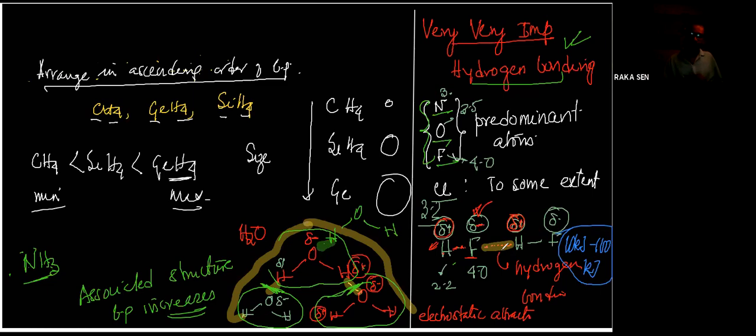So hydrogen bonds explain many phenomena in chemistry, as we'll slowly understand. You're just beginning chemistry, right? It's maybe the third month that I'm teaching, or maybe the fourth month, I don't remember. You'll understand that a lot of phenomena are going to depend upon hydrogen bonding. One of them is boiling point.